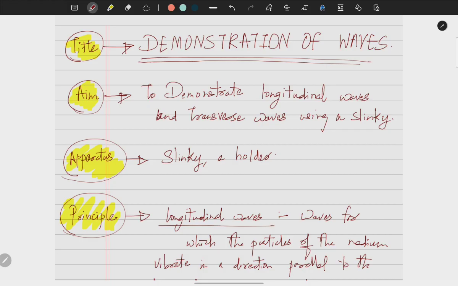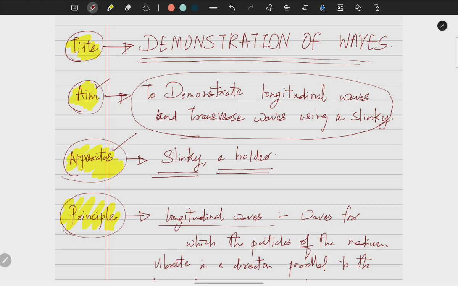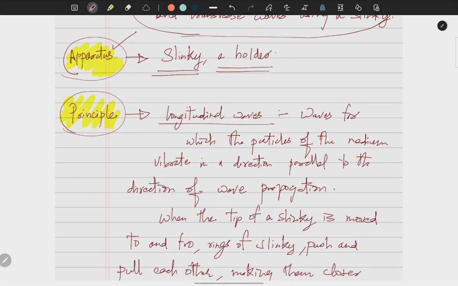The title has to be concise and is usually written in bold, and it is followed by the aim. In the aim section we write in brief what the experiment is about. In this experiment, it is to demonstrate longitudinal waves and transverse waves using a slinky. The third section is apparatus, where we mention the tools used in this experiment. The next section is principle.